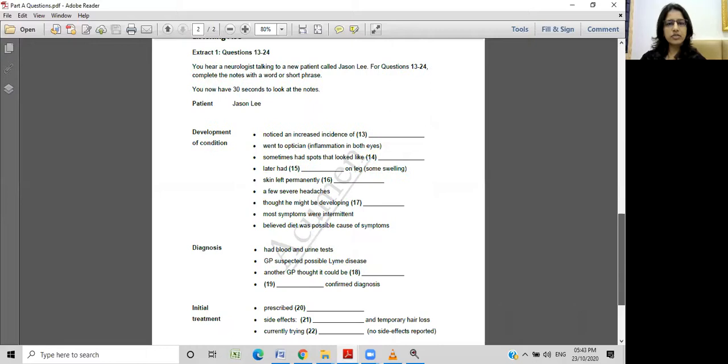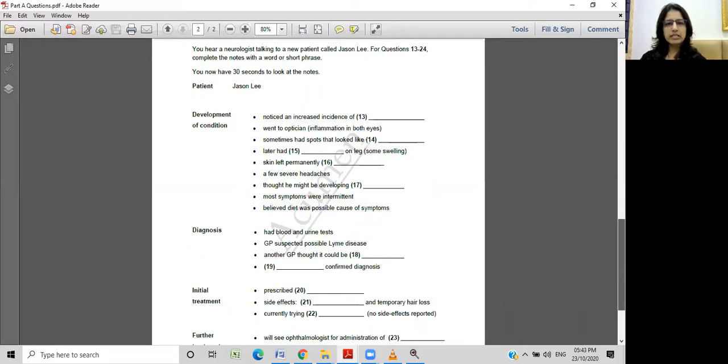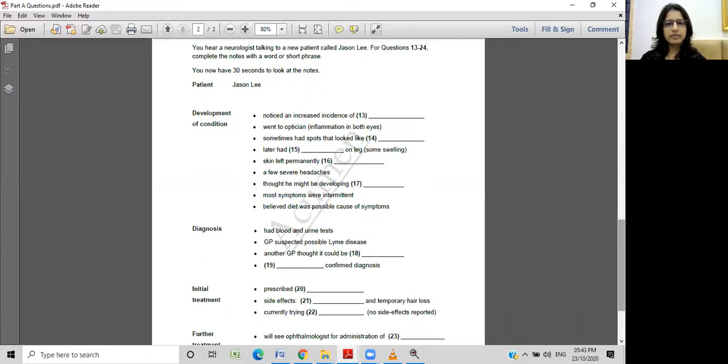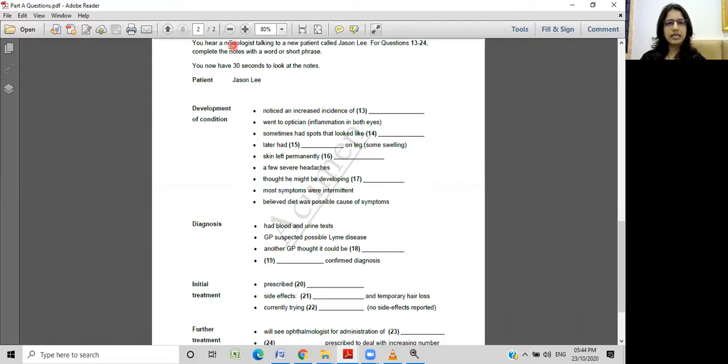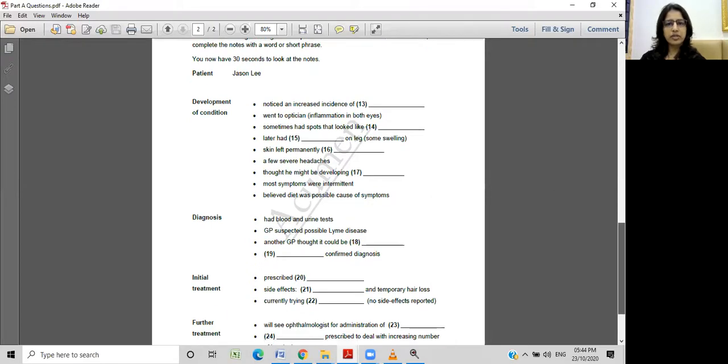I've got it here on screen. Read the context sentence first, that would give you an idea as to what this entire talk is all about. So it says a neurologist, okay, and you have the notes here.